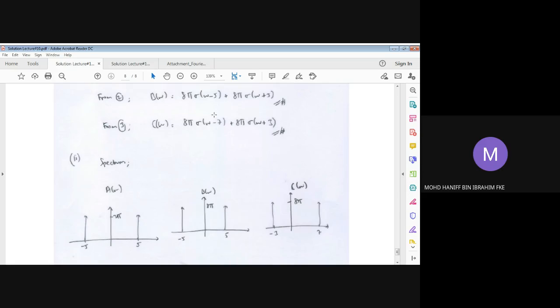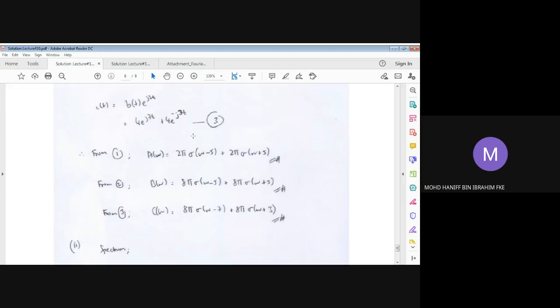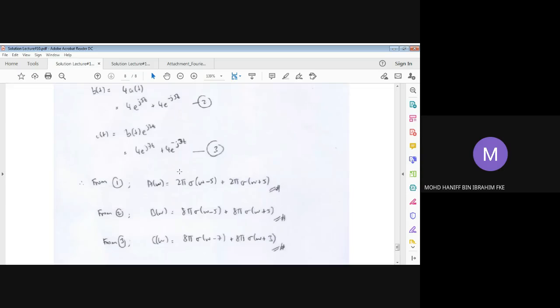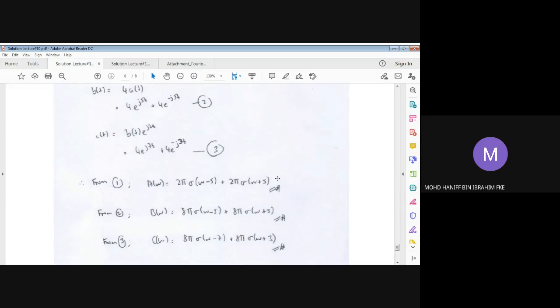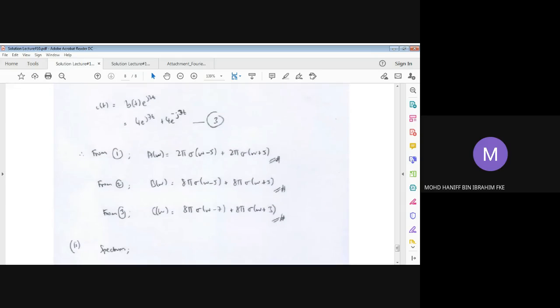For B(omega), based on the equations here, we have the same position of impulses, but the amplitude is different, which is 8 pi now. For C(omega), we again have 2 impulses, but the position has been shifted, at -3 and +7 with an amplitude of 8 pi. So this is the spectrum for these signals a(t), b(t), and c(t), giving the Fourier transforms A(omega), B(omega), and C(omega).